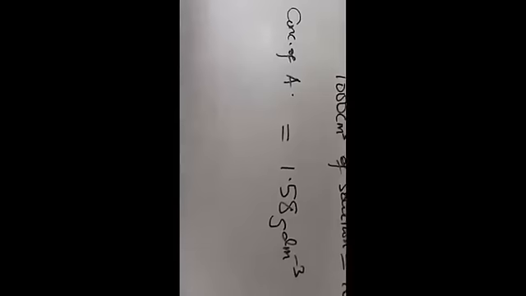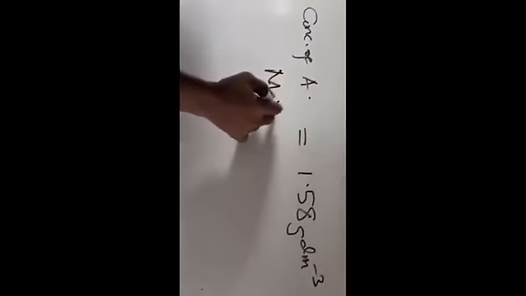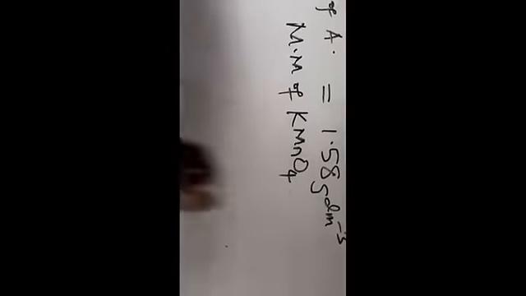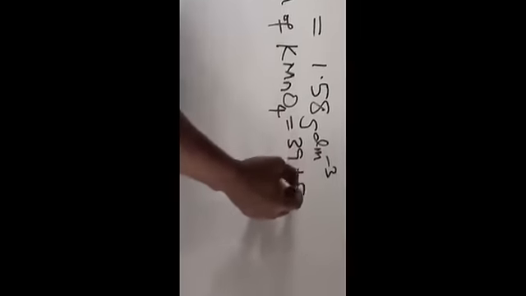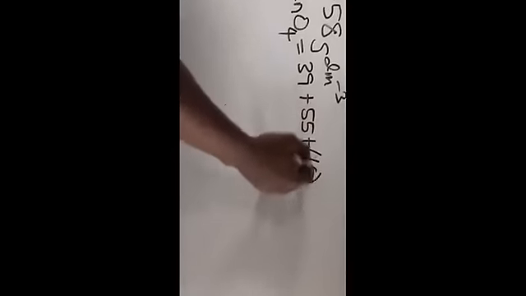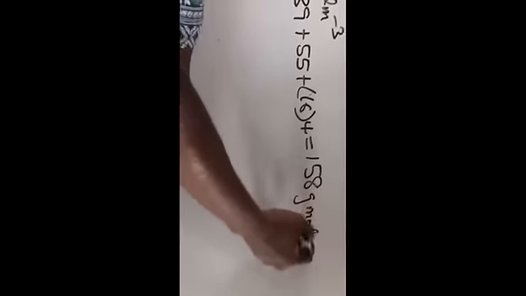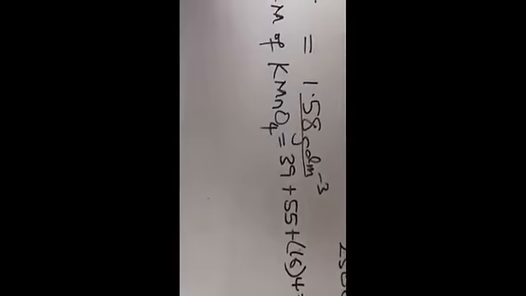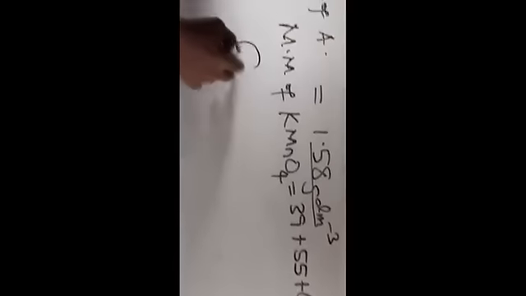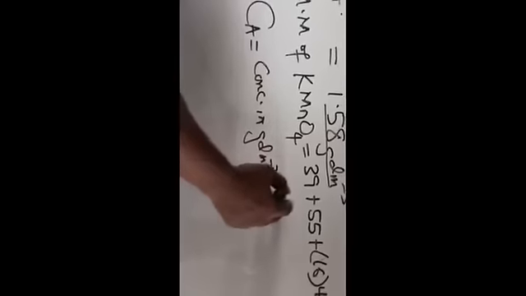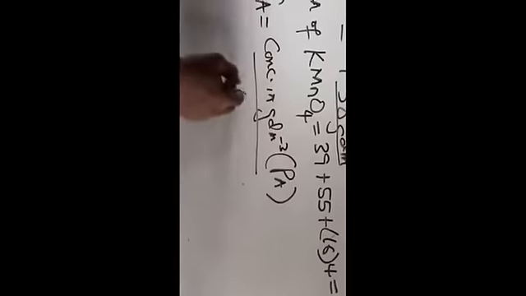Then you find the molar mass of A. The molar mass of A is potassium permanganate. Using the atomic masses given to you in brackets, potassium is 39, manganese is 55, oxygen is 16 multiplied by 4. The molar mass will give you 158 gram per mole. Make sure you specify these values in 3SF. So looking for Ca, Ca becomes concentration of A in gram per dm cube, which is written as rho A, over molar mass.